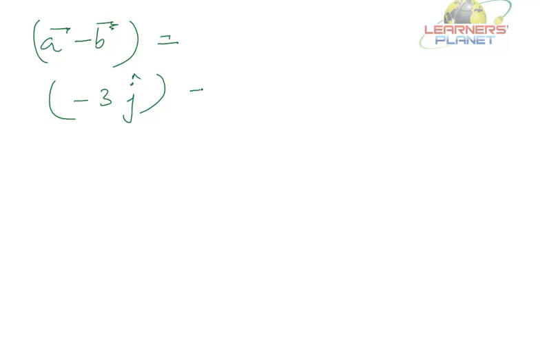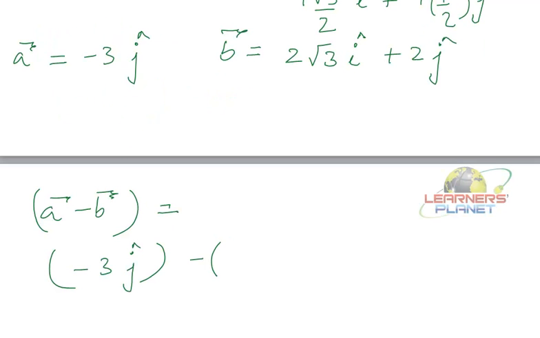Now in the first part we have to find out A minus B. So what is A minus B? The value of A is minus 3 j cap minus of 2 root 3 i cap plus 2 j cap.